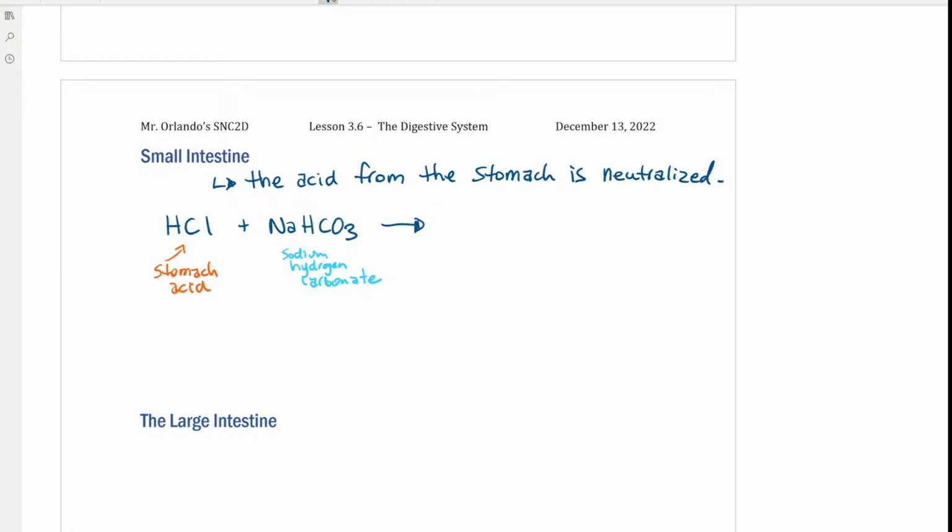You could figure out the products for that. But that's not the main thing that happens. That is just kind of a precursor.